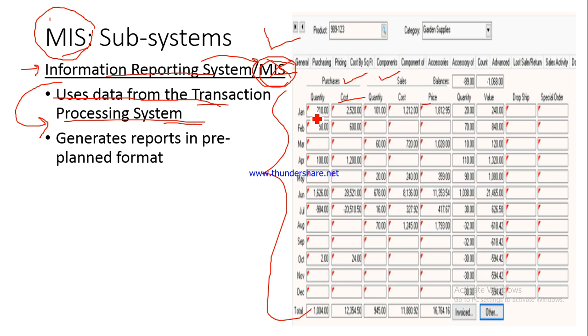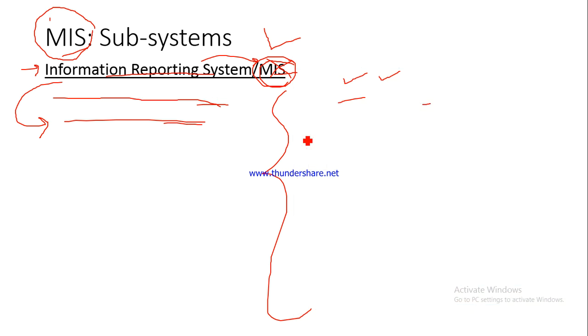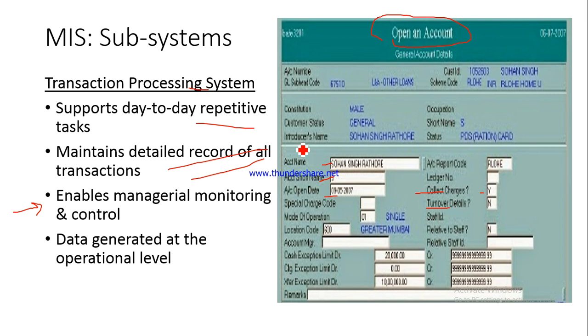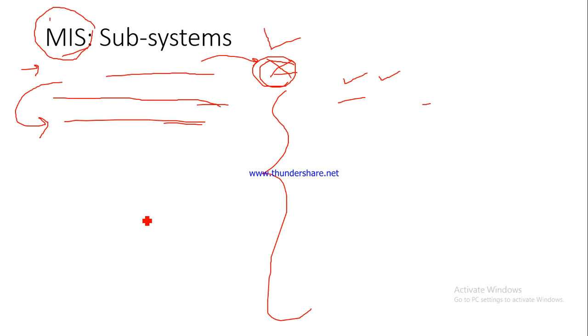Is this fine? So basically this summary has been prepared from the data which has been collected by the transaction processing system. And that is why, what did I say a little while ago? Let me get back a little bit. I said that the transaction processing system enables managerial monitoring and control, right? How does it do that?